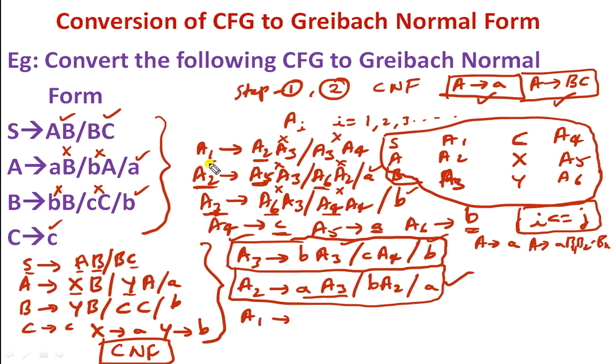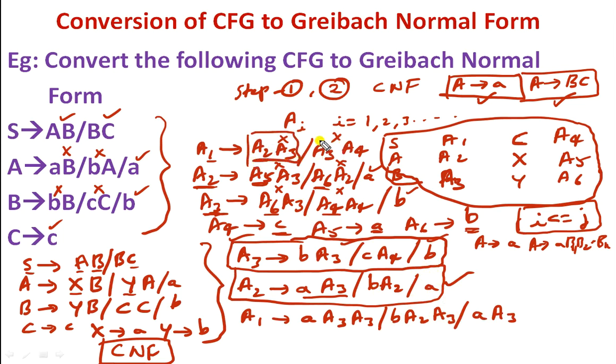A1 generates A2 A3. A2 means a A3, already A3 is there, so a A3 A3, or b A2 A3, or a A3.